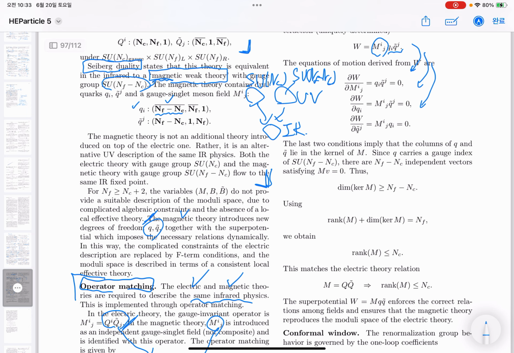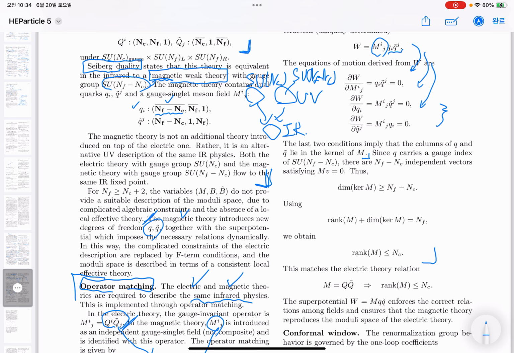Then by using them, we can obtain the relation between the rank of the meson singlet and the number of colors. Because the last two conditions imply that the columns of the dual quarks and the anti-dual quarks should lie in the kernel of the meson singlet. This is just linear algebra.